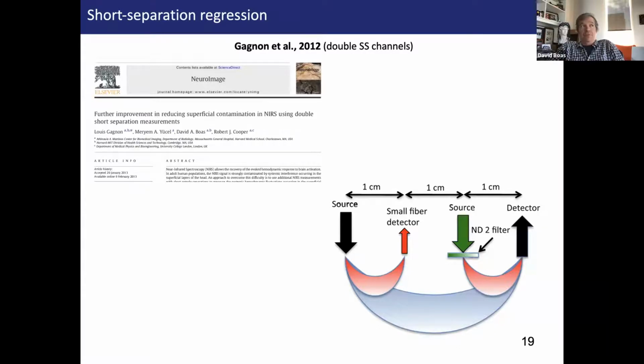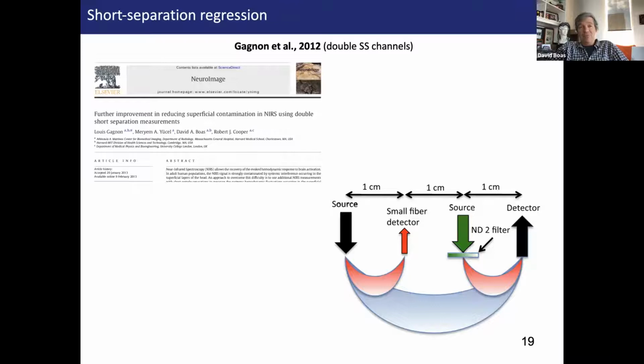No, let me restate it. In these dense arrays, it's too hard for us to put in an 8 millimeter channel. So we're saying, what else can we do? Well, we have the 18 millimeter channels, and we know that they're seeing brain and scalp. We want to be careful not to filter out our brain activation from the 30 millimeter channels. So we don't assume the scalp interference is 0.